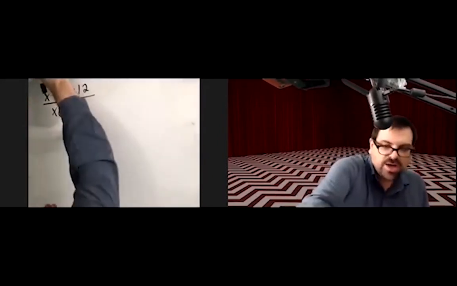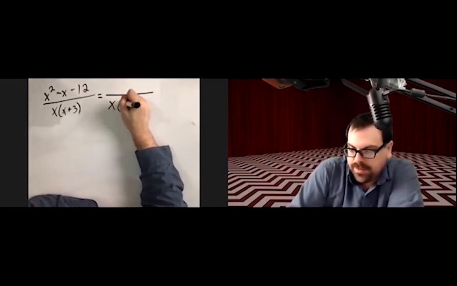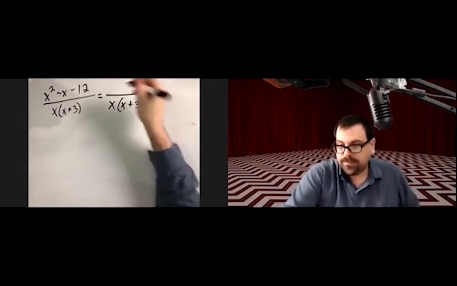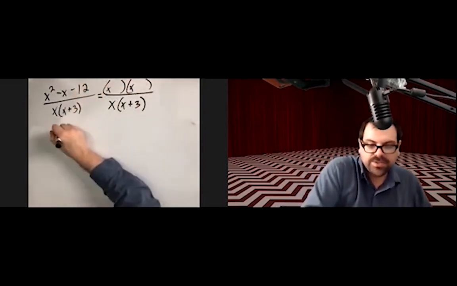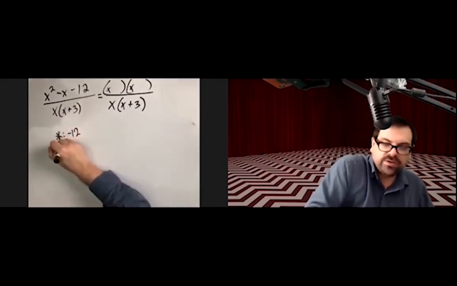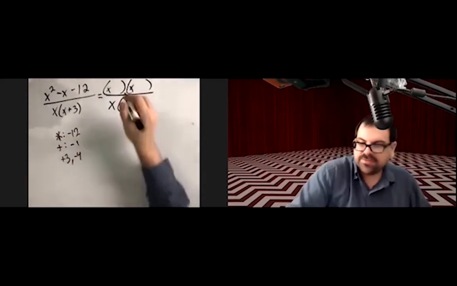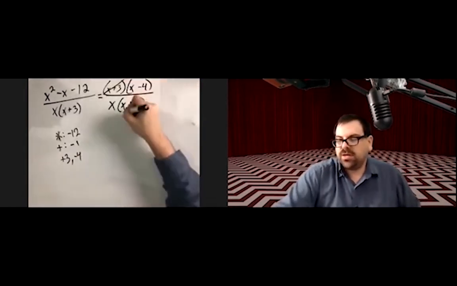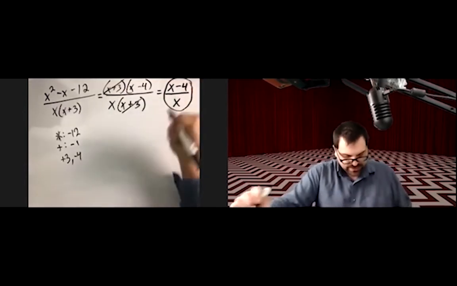We've got to factor that top now. X and x, we need numbers that multiply to negative 12, add to negative 1. That's plus 3 and minus 4. Put in x plus 3. Put in x minus 4. The x plus 3's cancel, and we are left with x minus 4 over x.